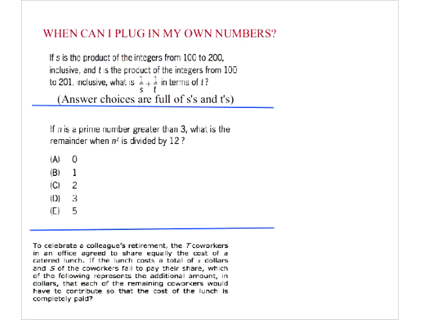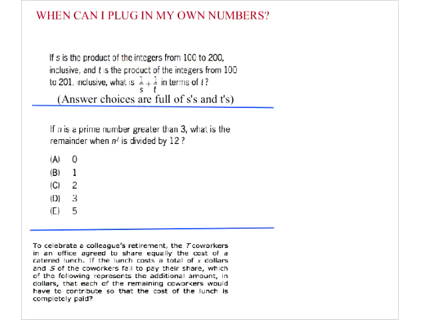Anybody else? Are there any problems that you cannot plug in here? So yeah, it's number 1, and notice that number 1 does have variables in the choices. So it's not just a variables thing. If you look at it like that, you're going to overlook a lot of problems where this is a very good method. So it's not just variables in answer choices.